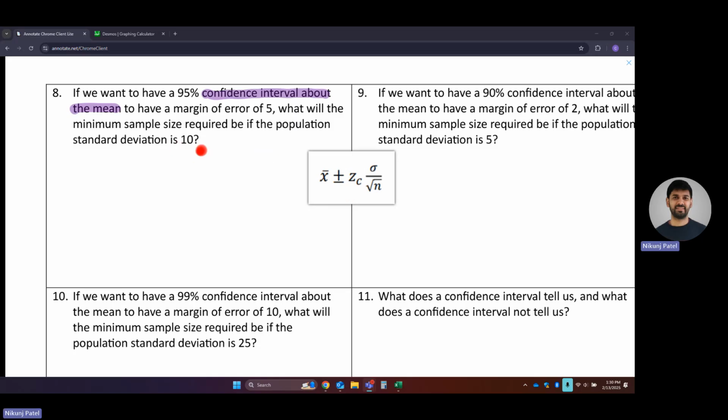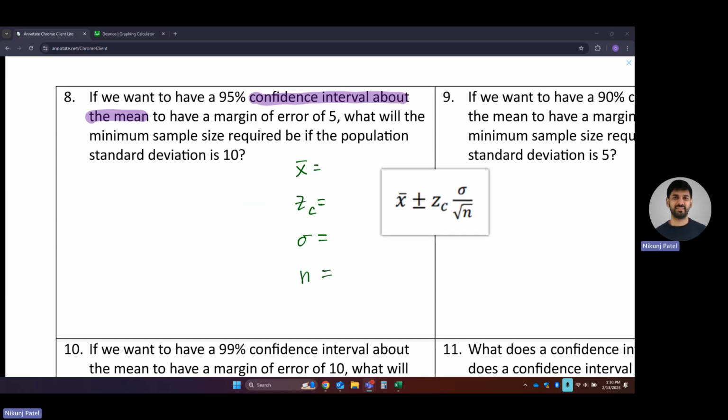And listing out all 4 of these, I'm going to fill in what values are given to us. X bar, Z critical, standard deviation, and N. So just walking through all the values in the problem, we want to piece this together and see what we have and what we are missing. First, it tells us a 95% confidence interval.